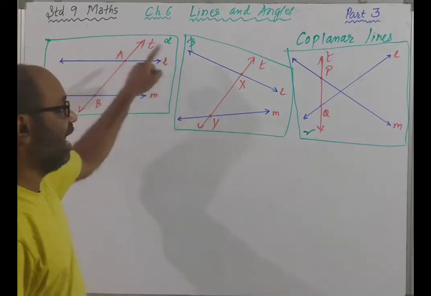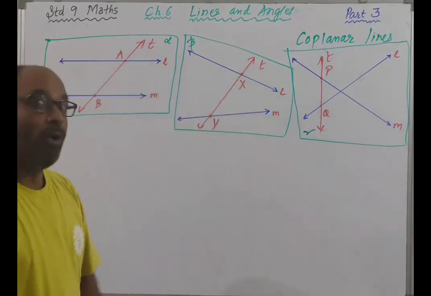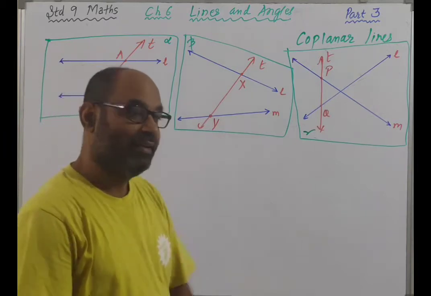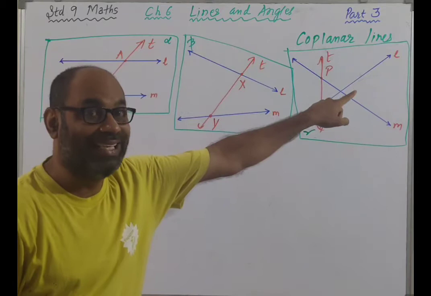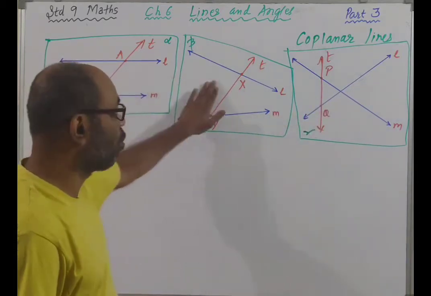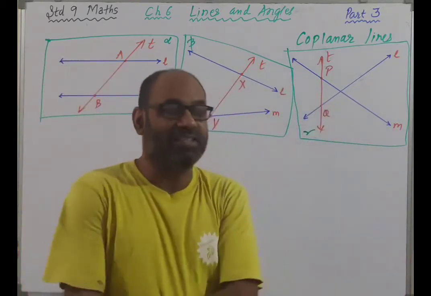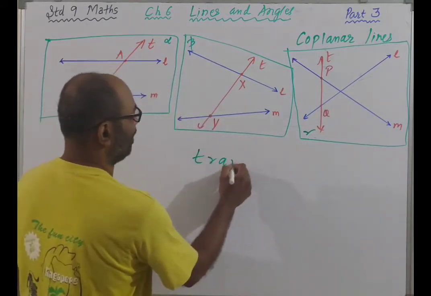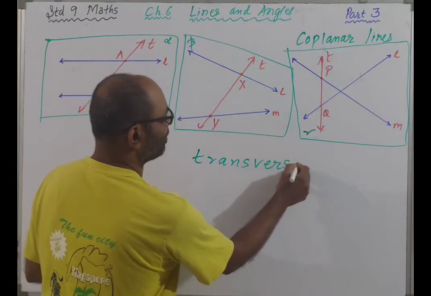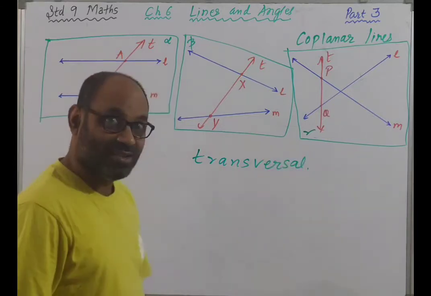Now, this red line that I have drawn, what can be said about this line? This red line T intersects two coplanar lines in two distinct points. Such a line is called a transversal.